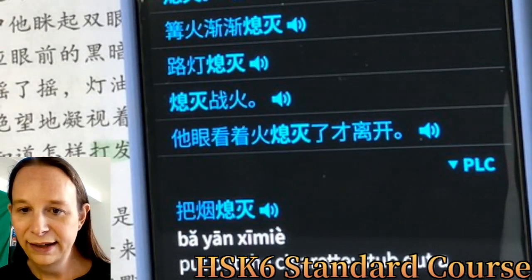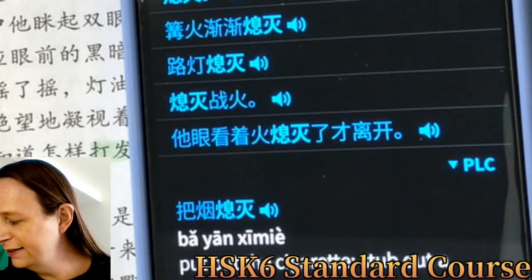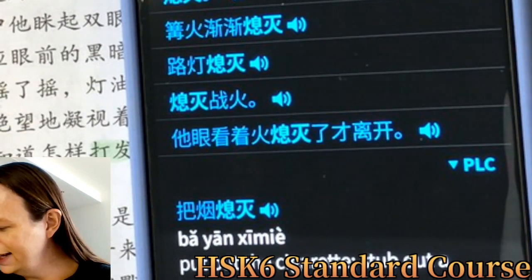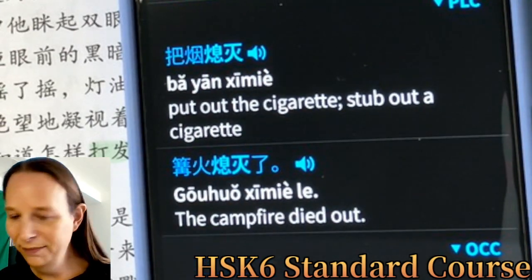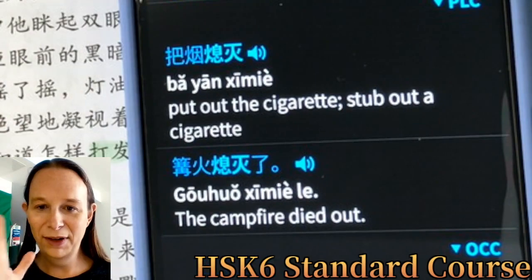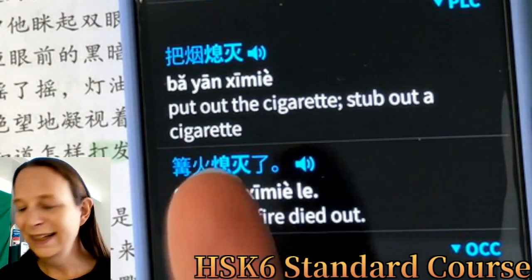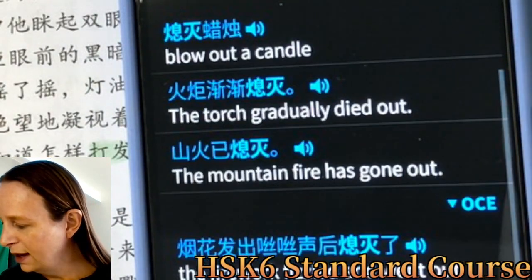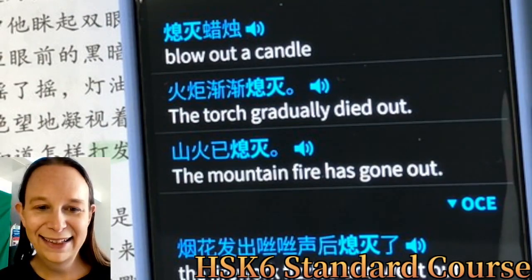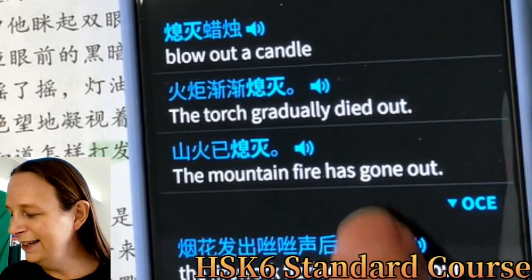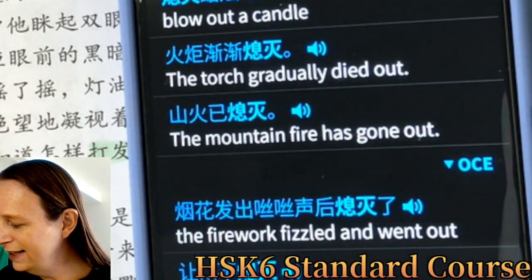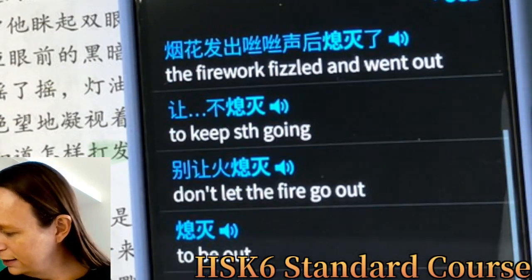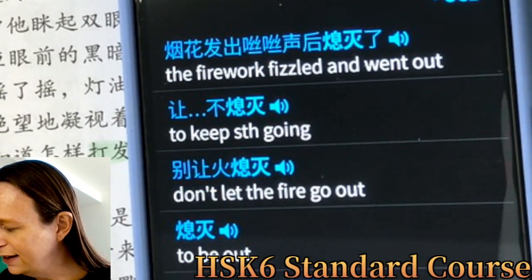Here's an example: 他眼看着火熄灭了才离开. The fire went out spontaneously. 把烟熄灭, yeah, this one you can do, take the smoke out, in the sense of a cigarette. 熄灭蜡烛, it's unclear how the grammar is. You need to extend the sentence. 火山已熄灭. 让什么什么不熄灭.